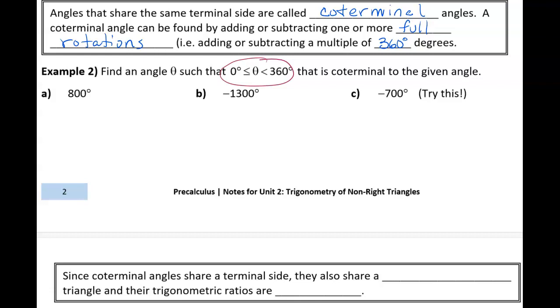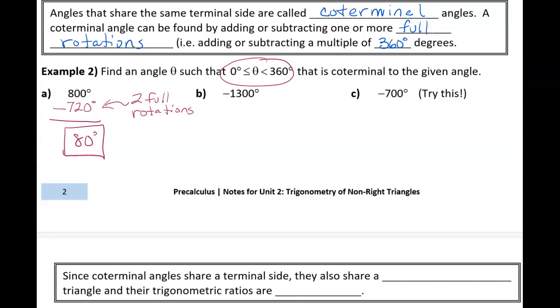Notice that it's possible to subtract off 2 full rotations from 800 and have the resulting angle still be a positive angle. So 800 minus 720 degrees gives us an 80 degree coterminal angle.